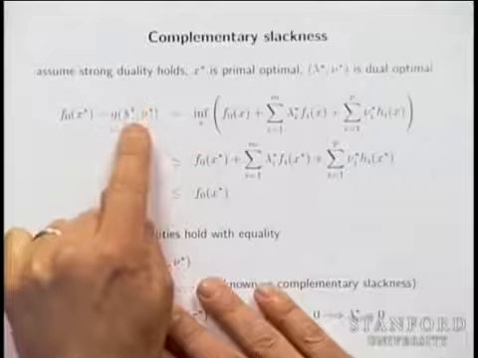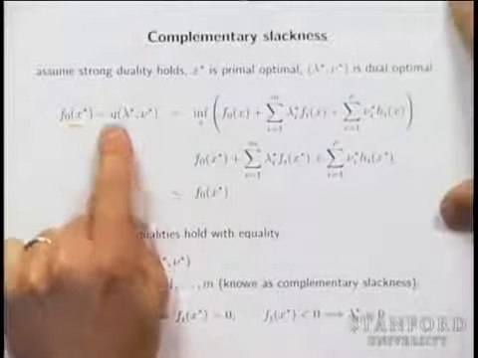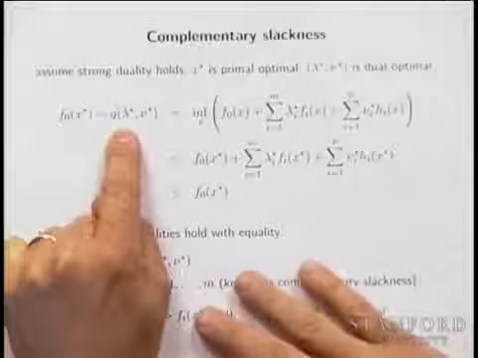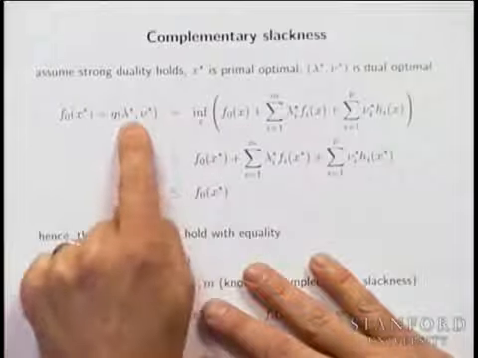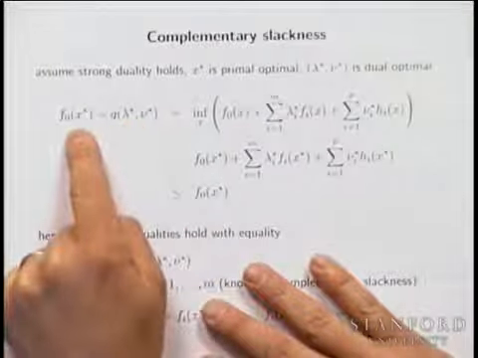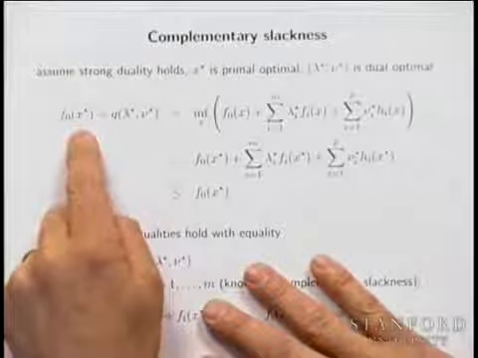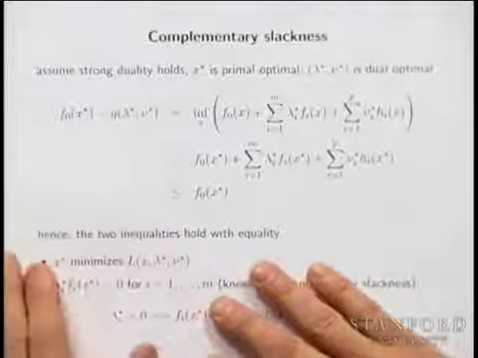Now that's a lower bound on the optimal value. So if you've got a point that's feasible and has an objective value equal to the lower bound, you're done. And it's optimal. So you can think of lambda star nu star as a certificate proving x star is optimal. And by the way, the same is true the other way around. x star is a primal certificate proving lambda star nu star are optimal. Okay, so let's see what this means.